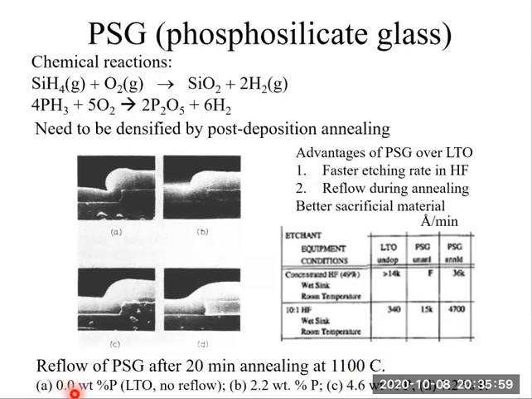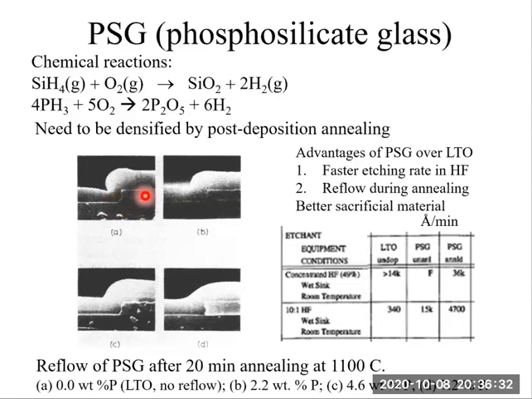Figure A shows a case with 0% phosphorus. So in case A, what's shown in this figure is LTO, silicon dioxide, not PSG. There's no P2O5 in the thin film. So actually, it does not reflow. This figure shows a thin film profile as deposited.